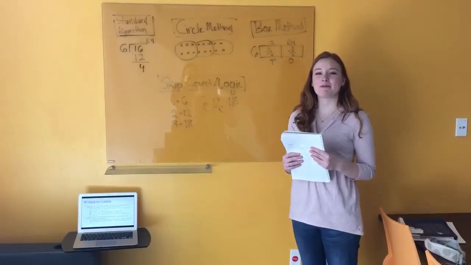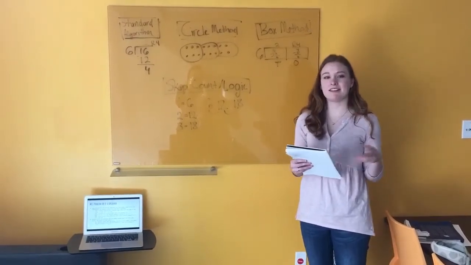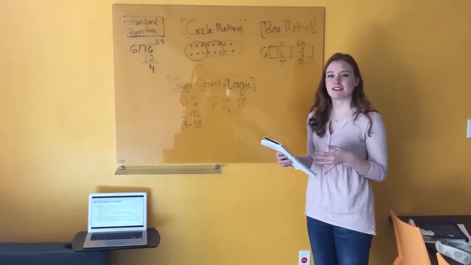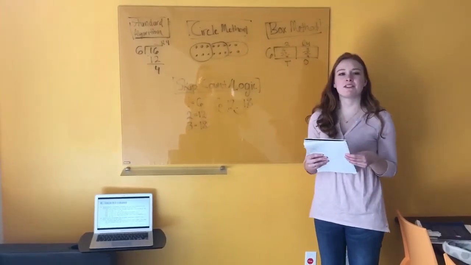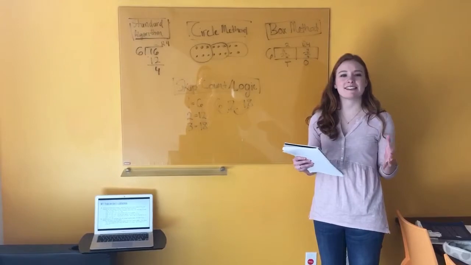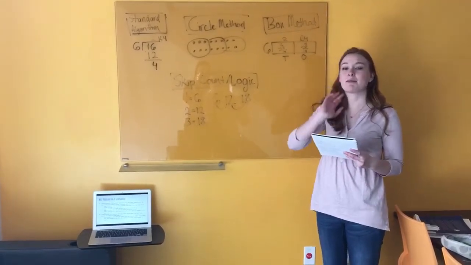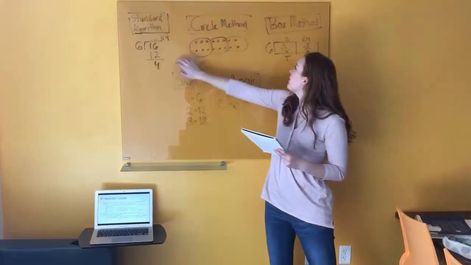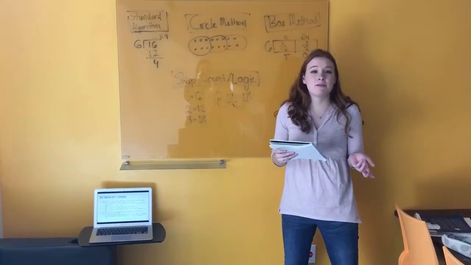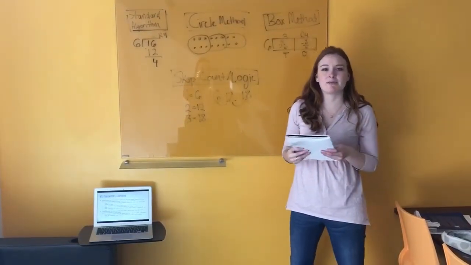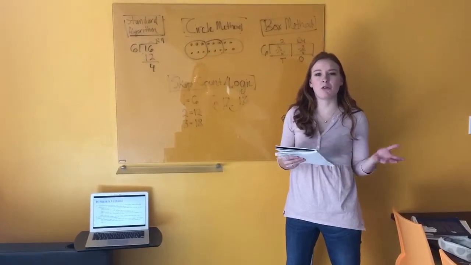So like we talked about when we explained our mathematical principle, the two main parts are decontextualizing the problem and then contextualizing it again. So with the example of the problem we did for the K through 6 students about taking kids on a field trip and how many cars are needed, the students decontextualized the problem in the standard algorithm method, the box method, and the skip counting method when they reduced the number of students to just the number 16, and when they used the number 6 to represent the amount that each car can hold.